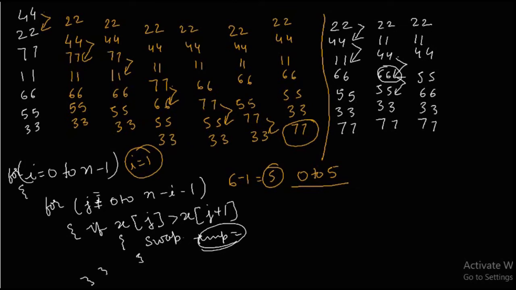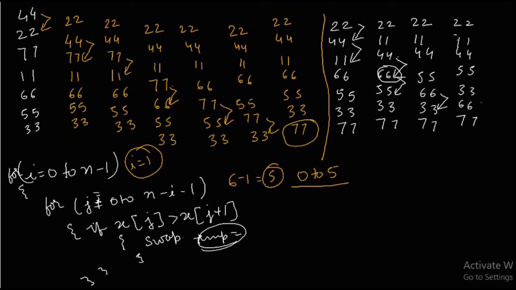Now the value of j is 4. So we'll compare 4 and 5. So now again 66 is greater, so we will swap it. 44, 55, 33 and 66 and 77.